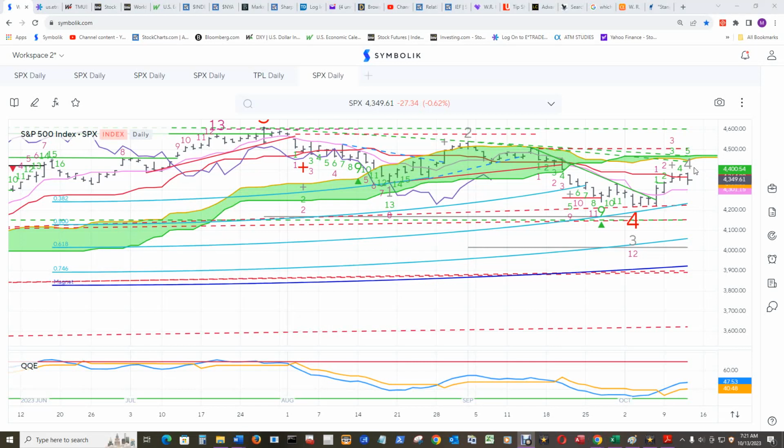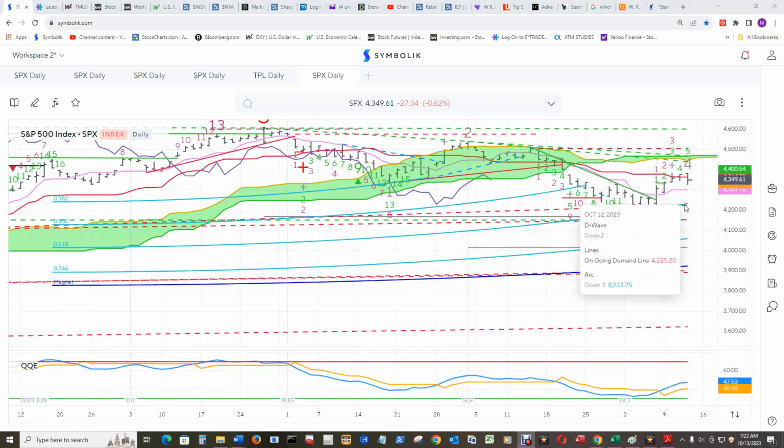And closes above any of the ongoing supply lines and ongoing demand lines will be qualified. This first ongoing supply line to the upside is at 44.36.32 for today. The one right above it, 44.66.92.